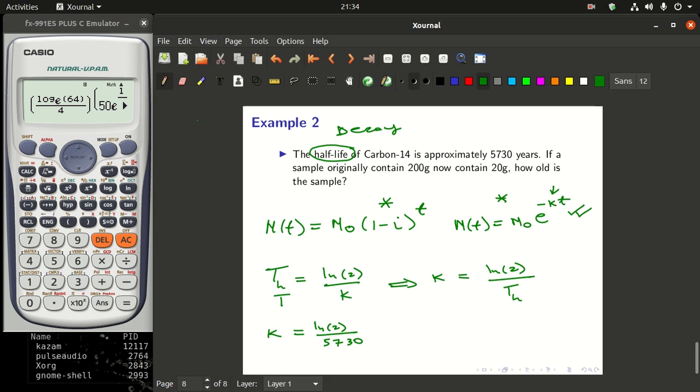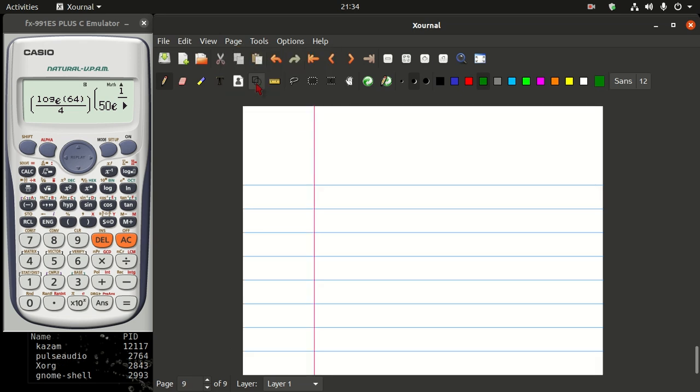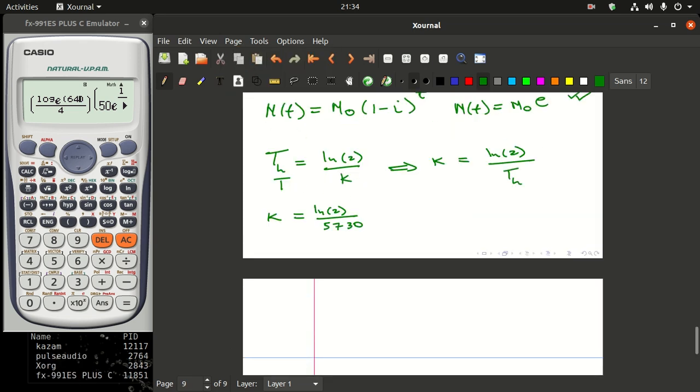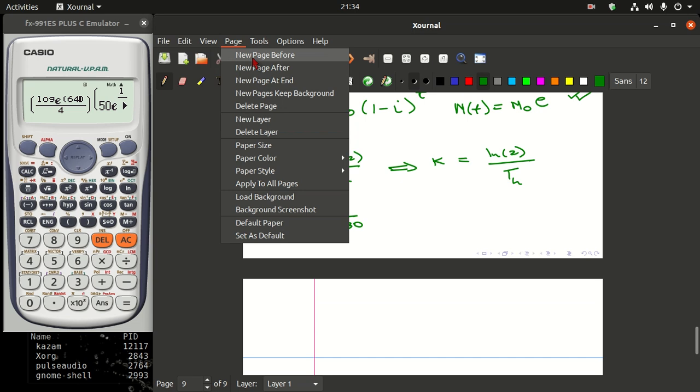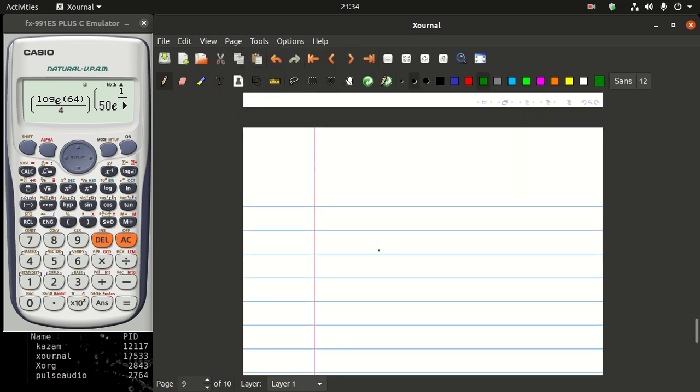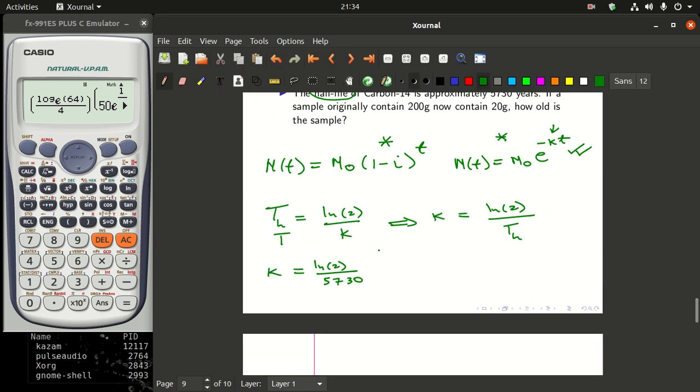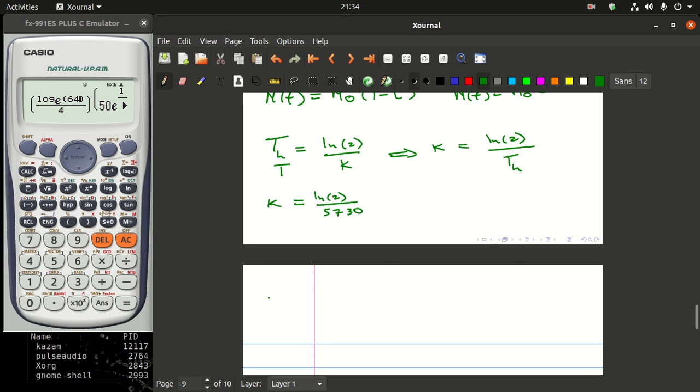Now I'm going to add a page here, page after. I'm also going to add another one, page after. And if you look into this, we found our k. So we have N of t equal to N naught e raised to minus ln of 2 divided by 5730 times t.